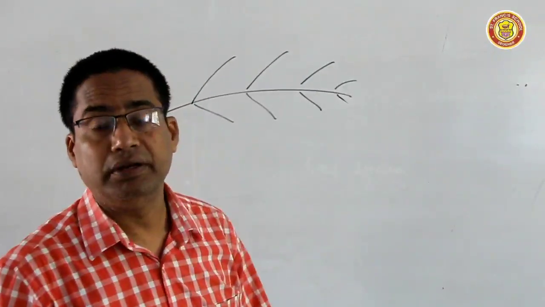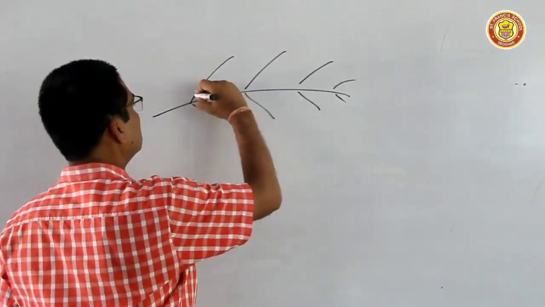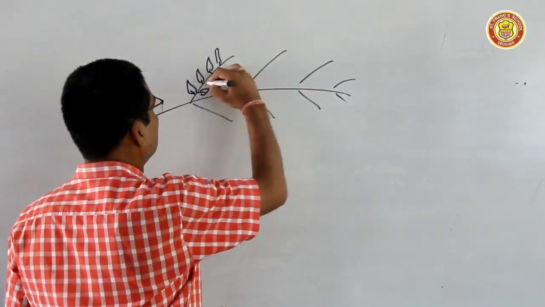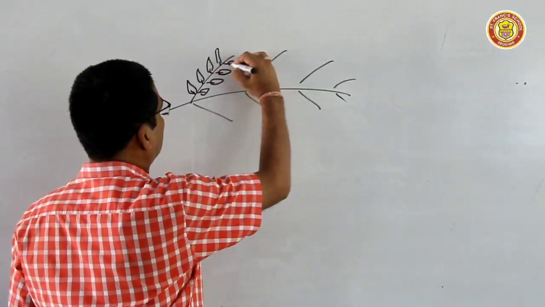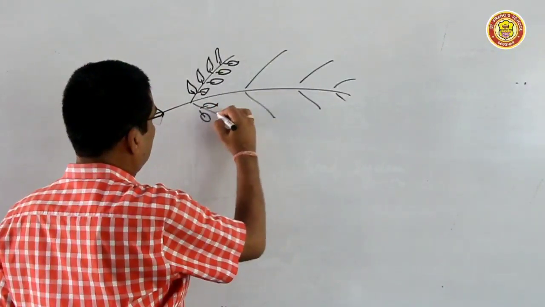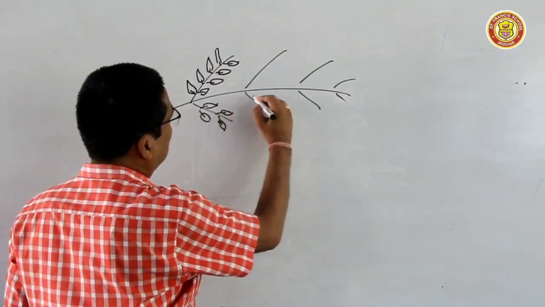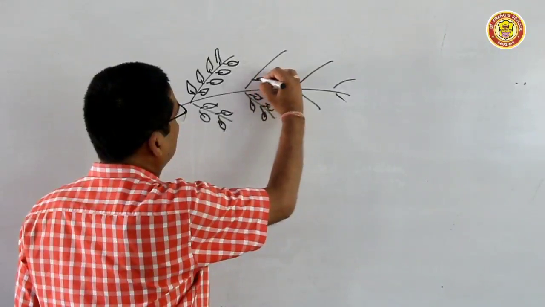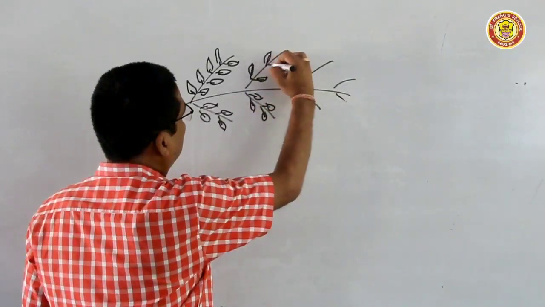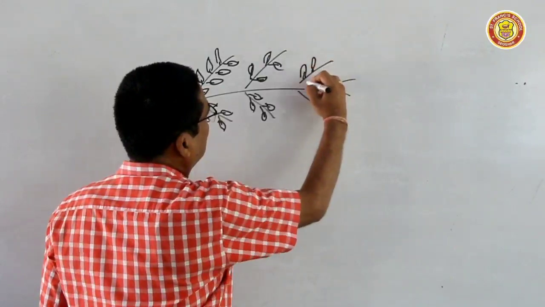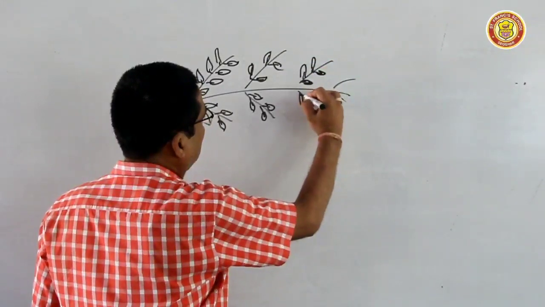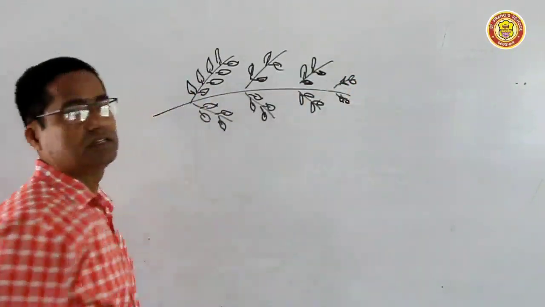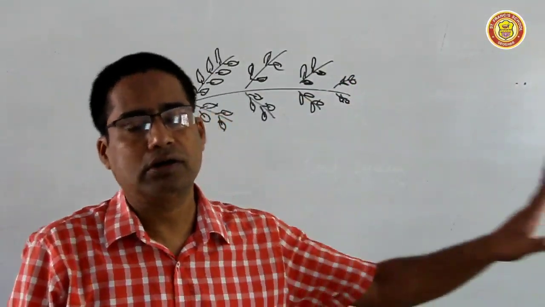Neem or tamarind, this leaf looks something like this. This is the structure of a leaf of a tamarind or neem plant.